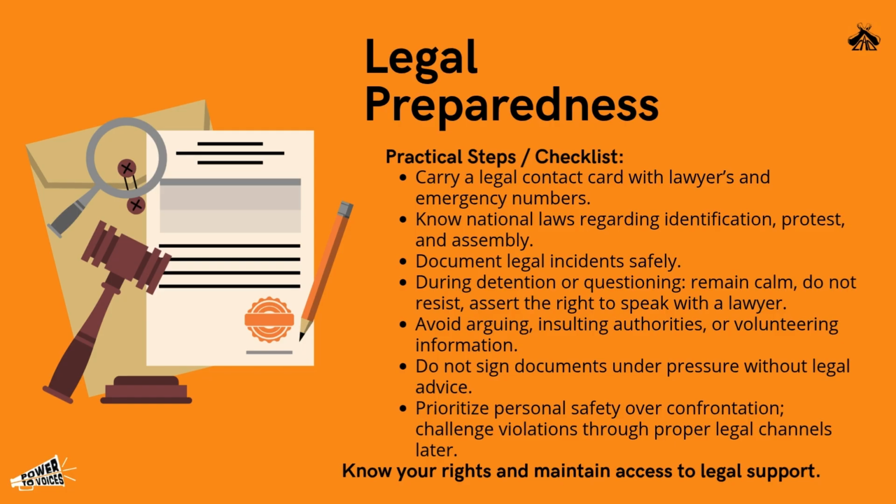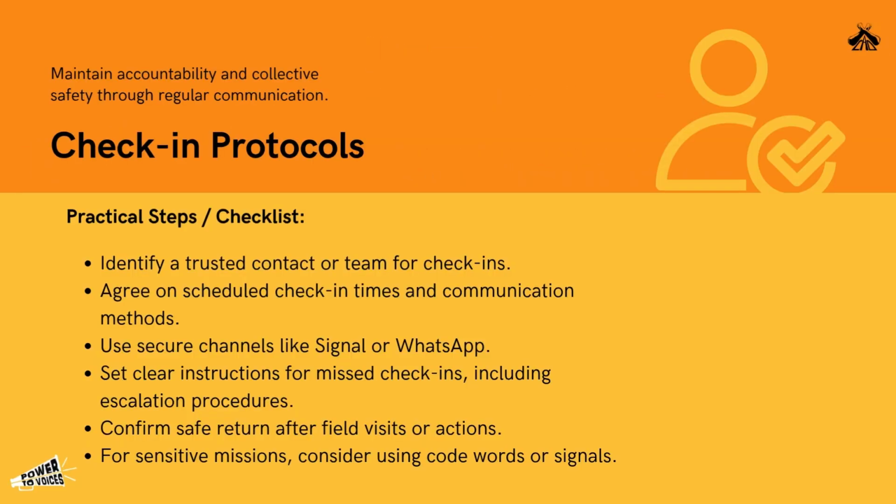And that takes us to check-in protocols. To set up check-in protocols effectively, you should identify a trusted contact or focal point, someone who can track check-ins and respond quickly if there is silence. Agree on frequency and methods.